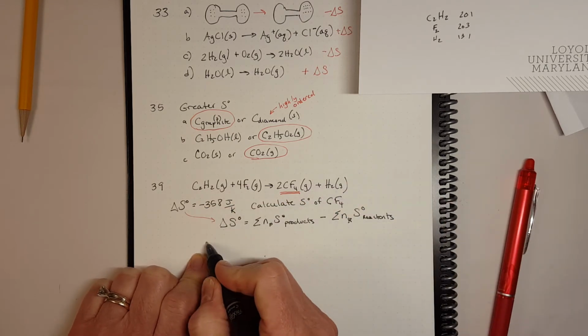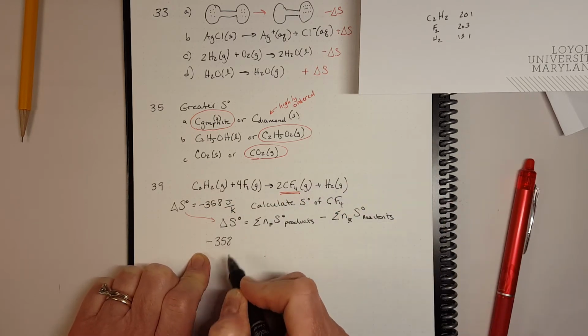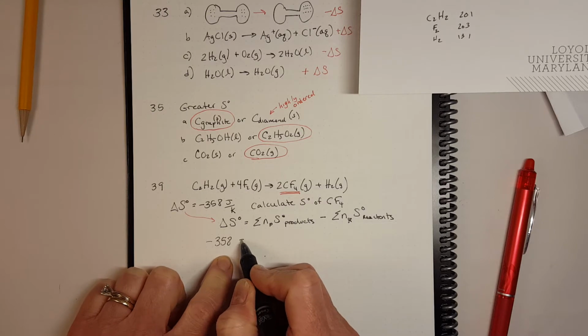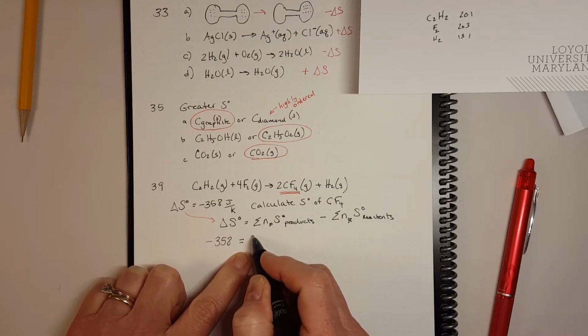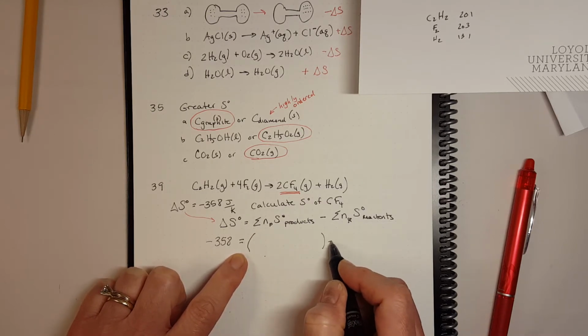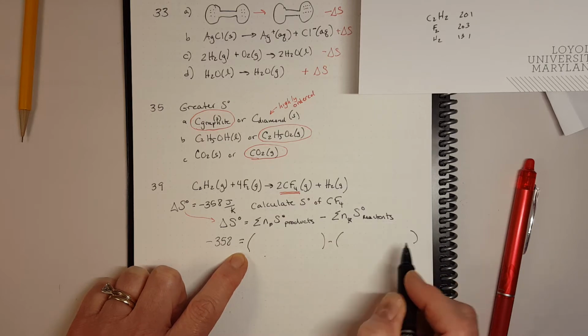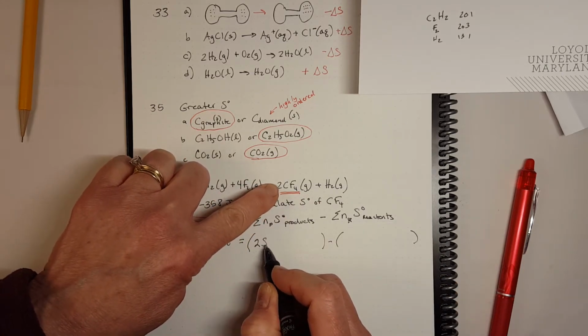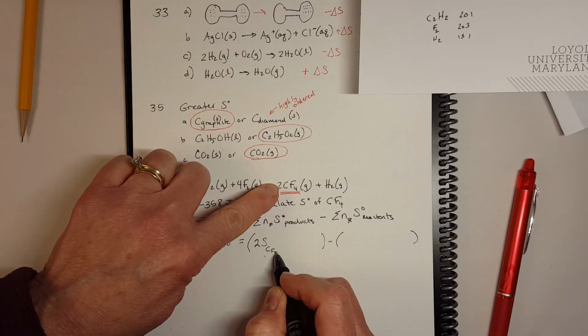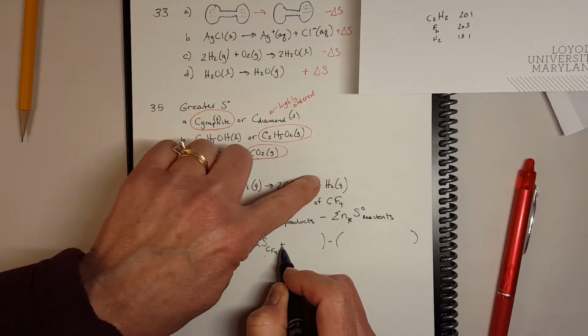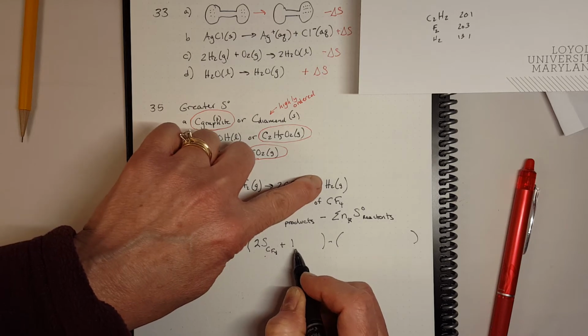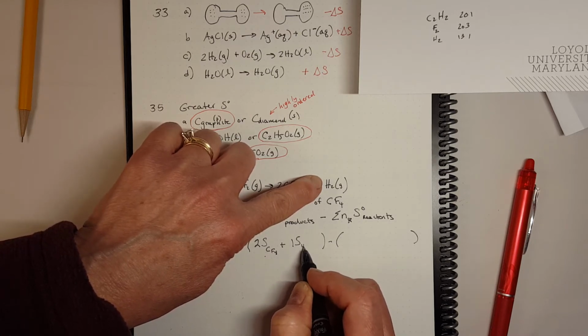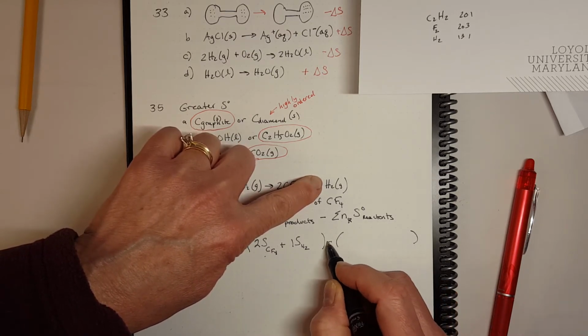So we're going to plug in negative 358, and that's joules per Kelvin, equals the sum of the products minus the sum of the reactants. The products, we have 2 S of CF4, plus 1 S of H2. I'm just going to write it out, and then I'll plug the numbers in.